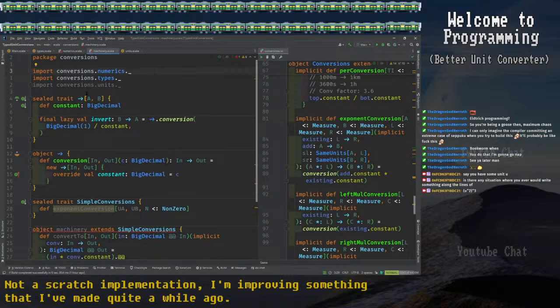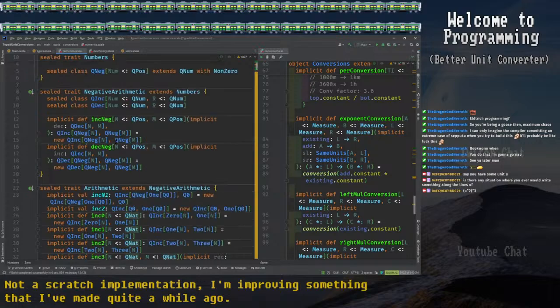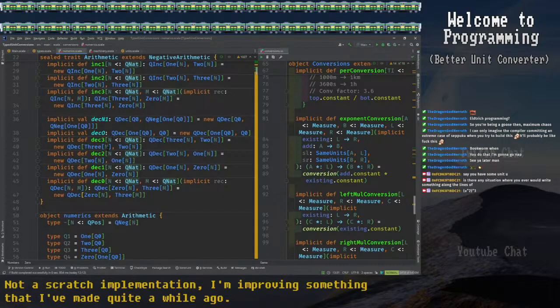This is where I now realize that being able to turn our numbers from type level numbers to real numbers would be a good thing. So, I have a question for everyone. How in the actual hell do we do that?